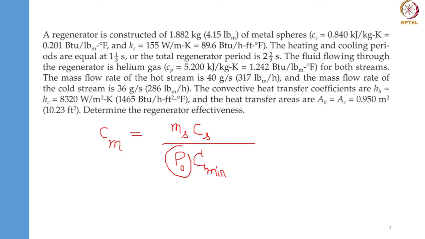P naught is the total time period, the regeneration time period, that is 8 by 3, already given. ms is the mass of the matrix, that is 1.882 kg. Cs is the specific heat of the solid material used, so it is 840 joule per kg Kelvin.